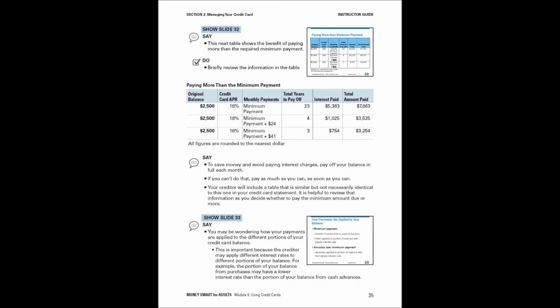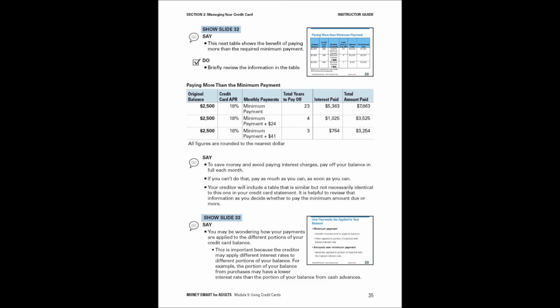Now, slide 32 uses that same example, and it shows what happens if you pay more than a minimum payment. This is where your discussion is going to get a little interesting. The first line shows $2,500, 18% minimum payment, 23 years to pay off, $5,363 in interest, total amount paid $7,863.